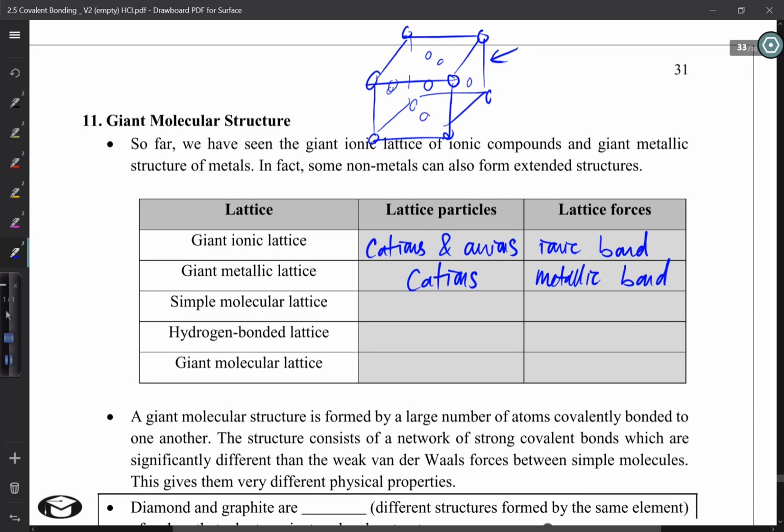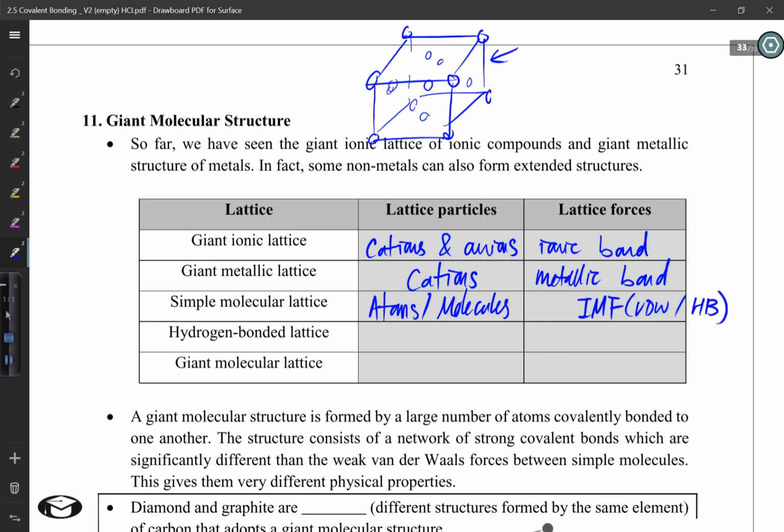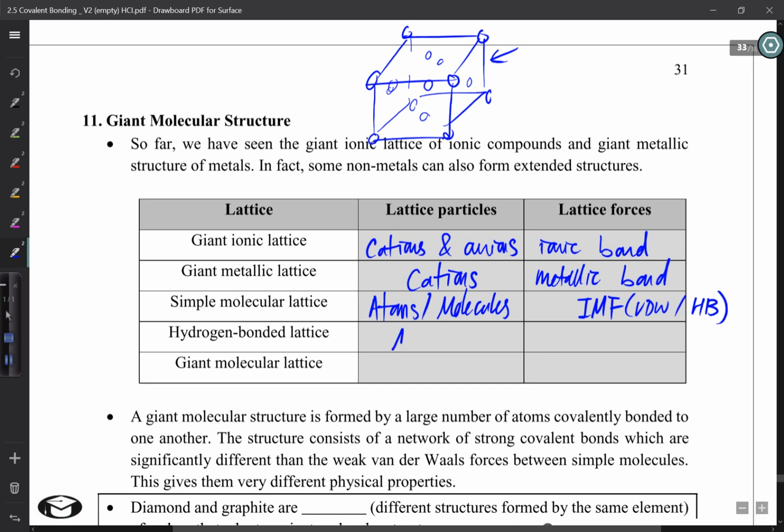And we also saw simple molecular lattice previously. The lattice particles can either be atoms or molecules, and the lattice force is basically intermolecular force of attraction, which consists of van der Waals or hydrogen bond, depending on which one we are talking about. And then we have hydrogen bonded lattices, where the lattice particles are molecules.